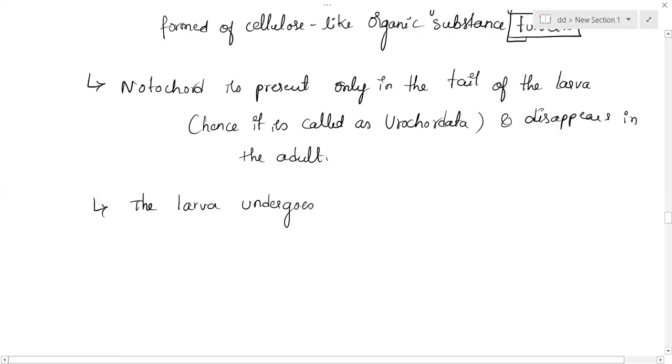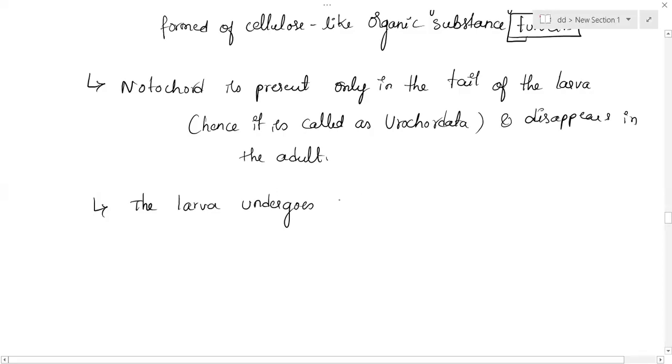Here we don't call it simple metamorphosis. Like for example, we take the butterfly: the caterpillar is a larva, and in that larval stage it will metamorphose into a butterfly. But here a certain stage will be there, and that's why we call it retrogressive metamorphosis.